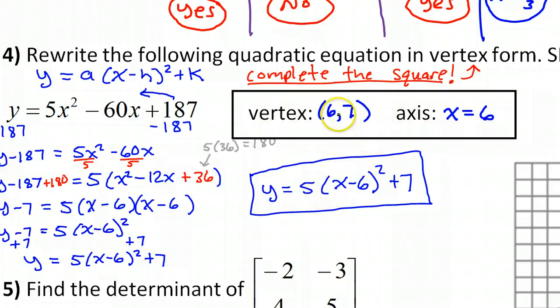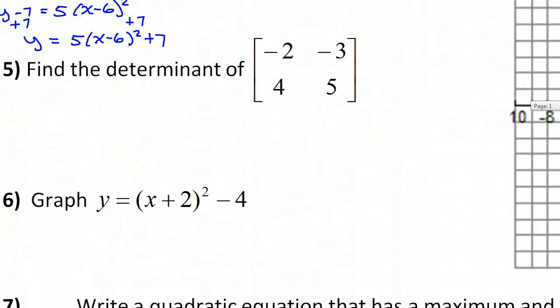Alright, moving on. Find the determinant. Do not forget about this. There will be review stuff from matrices on the test. Remember that to do the determinant, you just do the down diagonal minus the up diagonal.